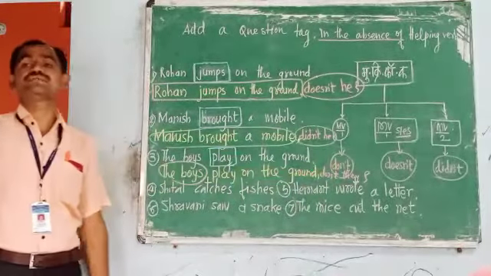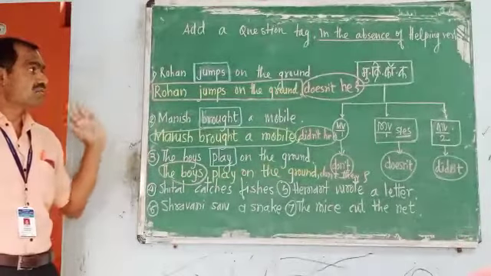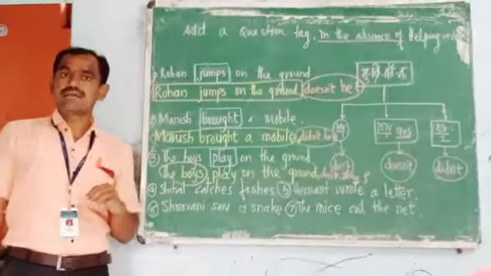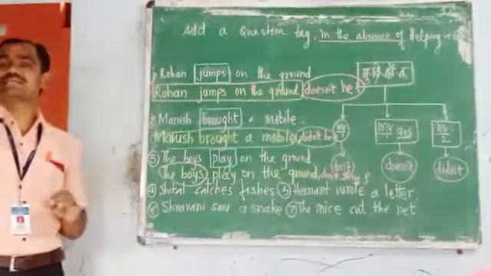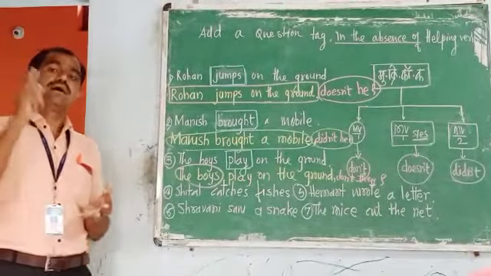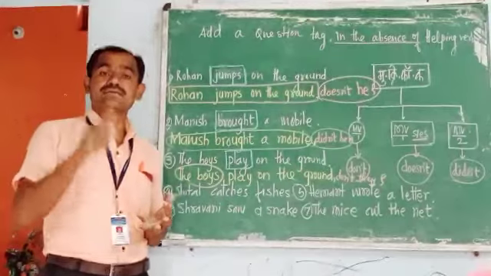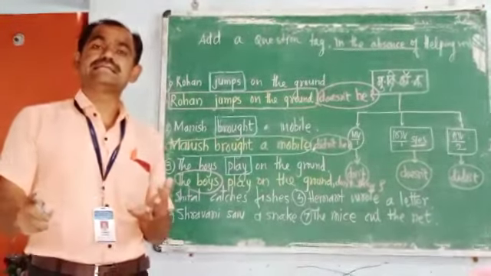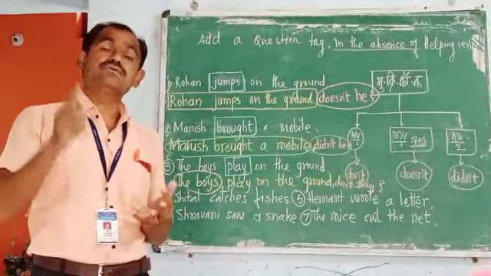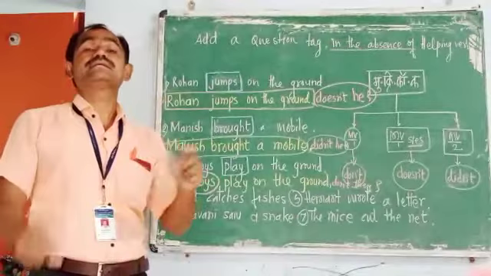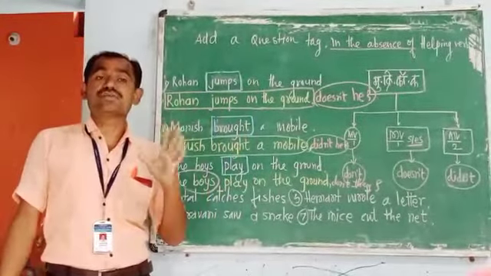In this way, one can solve the examples of question tag when it shows the absence of auxiliary verb in the sentence. Again, remind one thing in your mind: don't, doesn't, didn't, or do, does, did are used only when there is an absence of auxiliary verb.